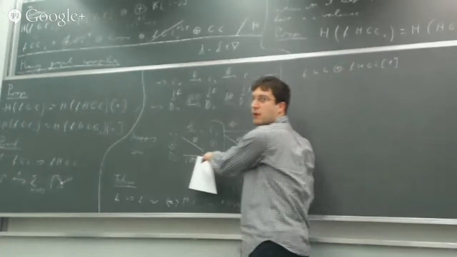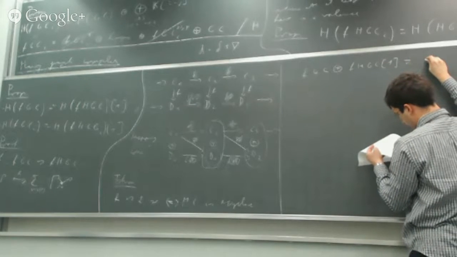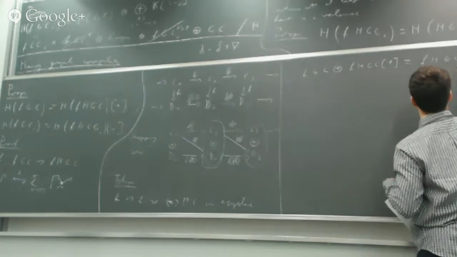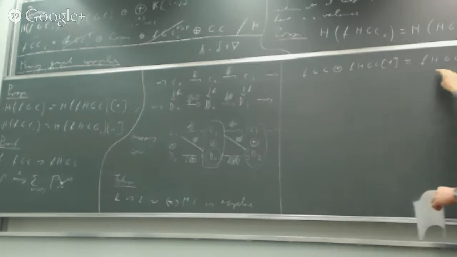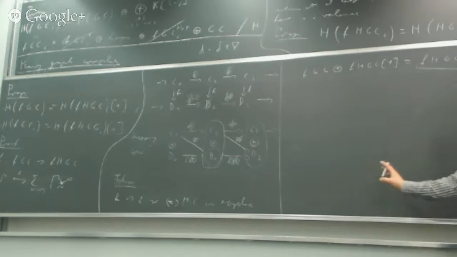I can call it FHGC0, which means full hairy graph complexes where it's allowed that there are no hairs. And I need to show that this is acyclic. And then I'm done.